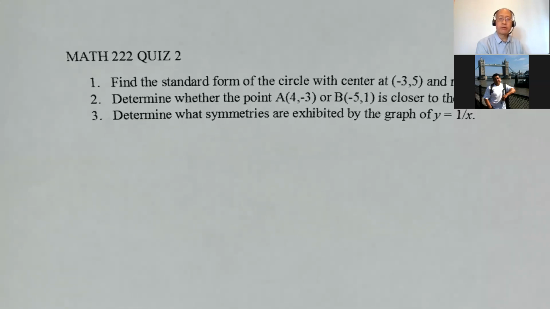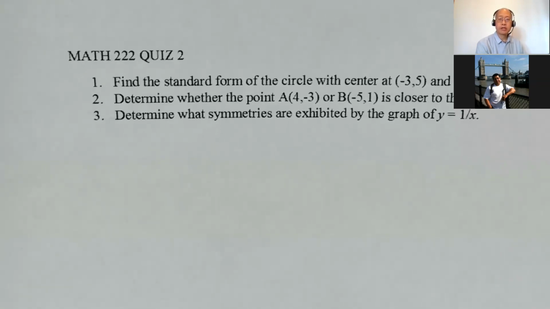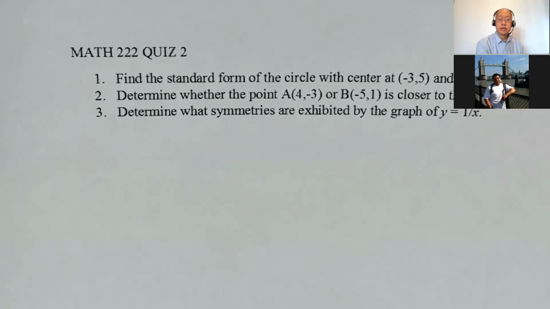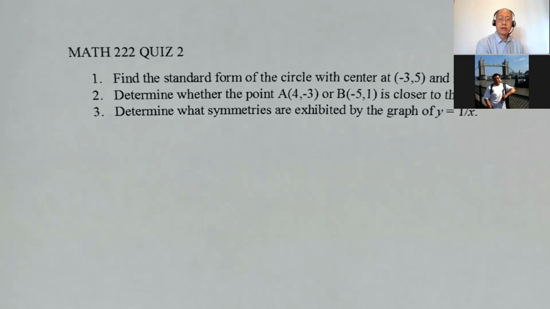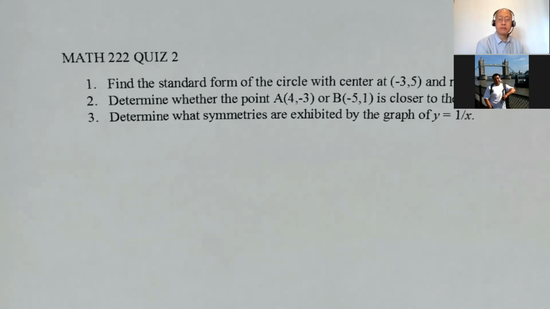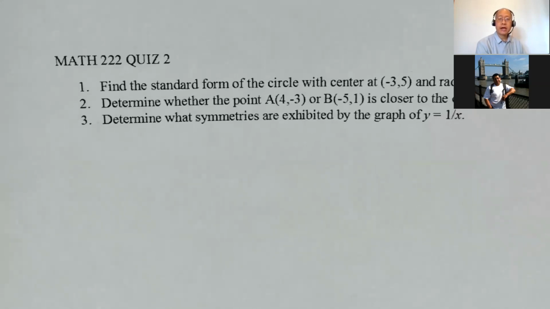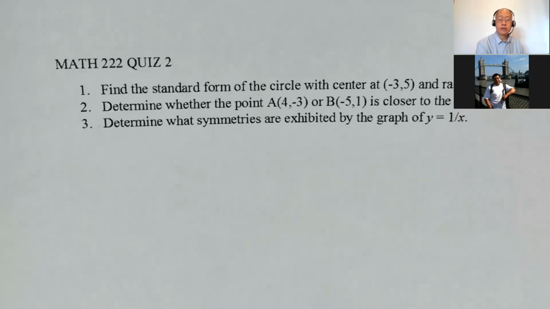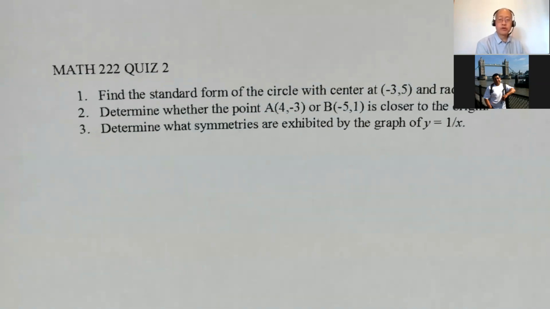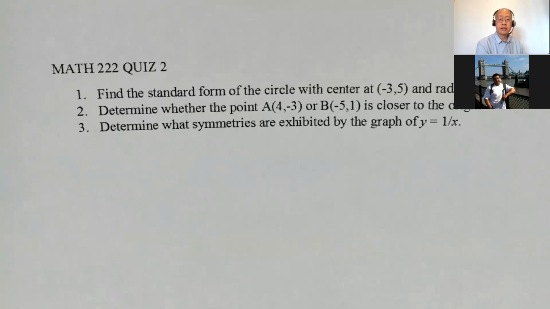X-axis symmetry, replace y with -y to get an equivalent equation. Replace x with -x to see if you have y-axis symmetry, and do both of them. Replace x with -x and y with -y, and you get an equivalent equation for origin symmetry. You don't actually have to graph it if you don't want to. You may if it helps you, but no need there.